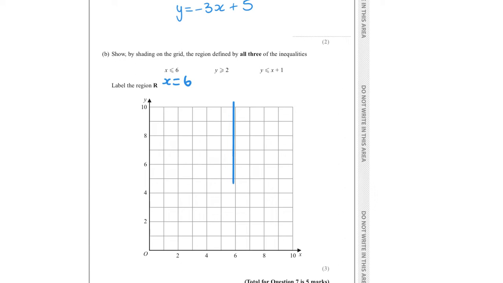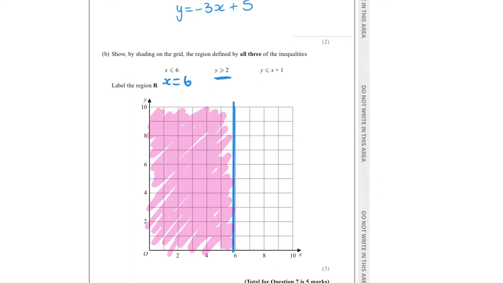Okay, this is the line x equals 6, because any coordinate on this line, x will equal 6. If we want less than that, it's going to be less than 6. This is the part that we want, isn't it? So I've shaded that all in. Lovely.